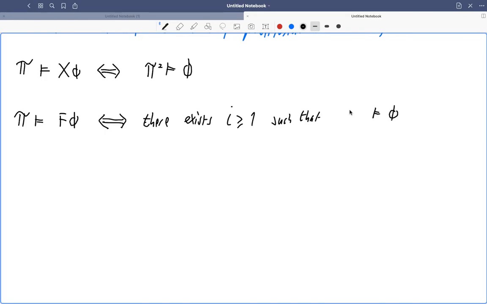Or in other words, phi holds in the run that we get by starting pi from the future state Si. So notice we're including now in the future here: in the case that i equals 1, pi superscript 1 is the same thing as pi, because that's just pi starting from the state S1, which is the same as the run pi itself. So really the F operator is saying phi holds either now or in the future.